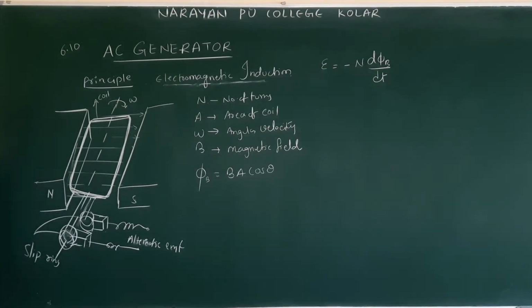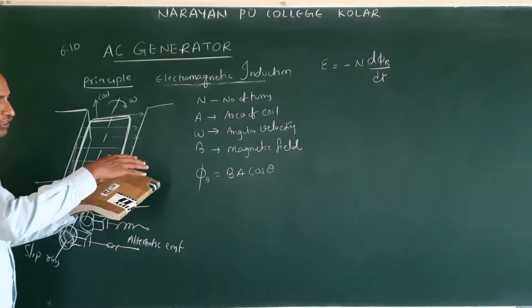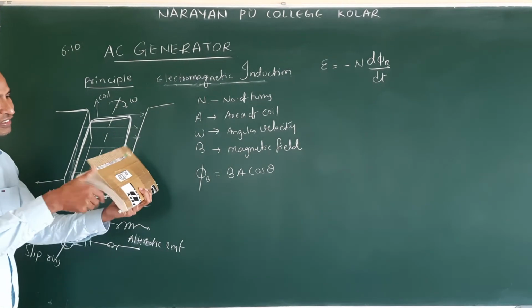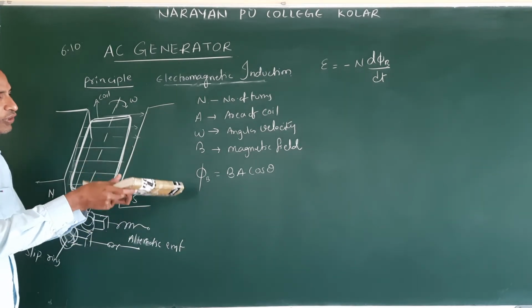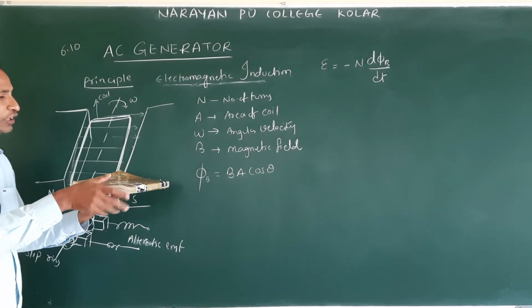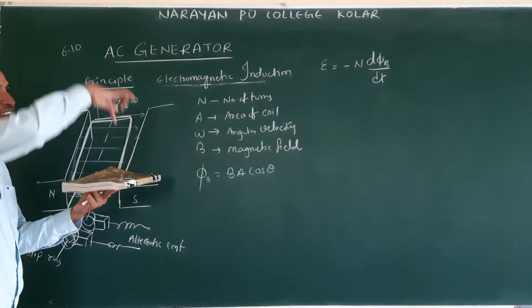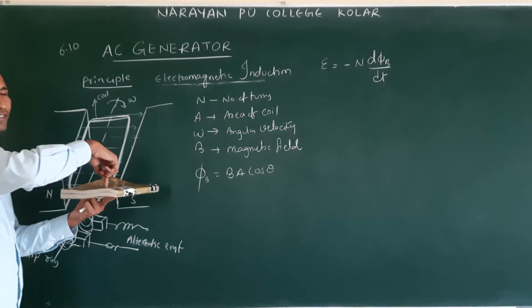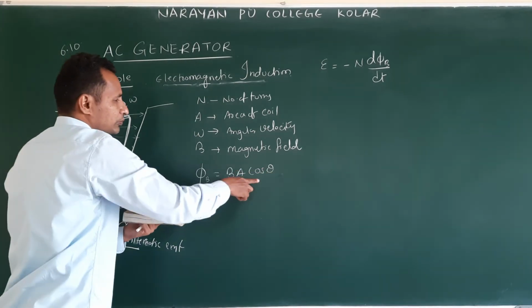This coil rotates. Yes or no? Imagine this is a rectangular coil rotating about this axis. As it is rotating, what happened? If we take the area vector, this is the area vector. When the magnetic field lines are perpendicular to it, flux will become 0.